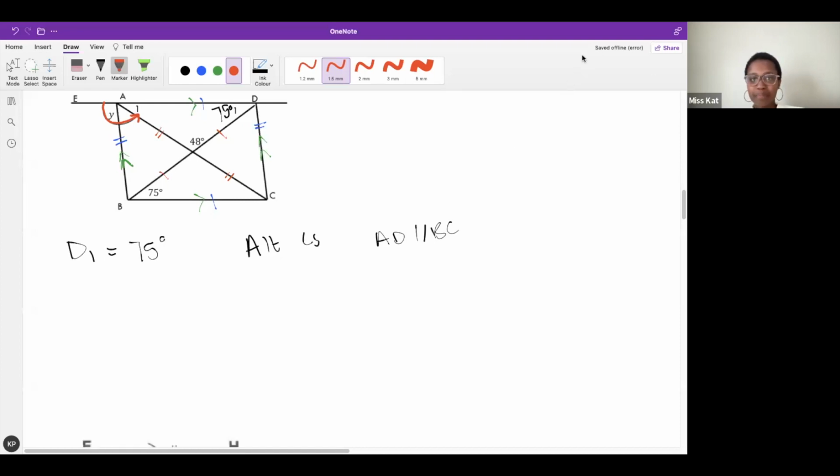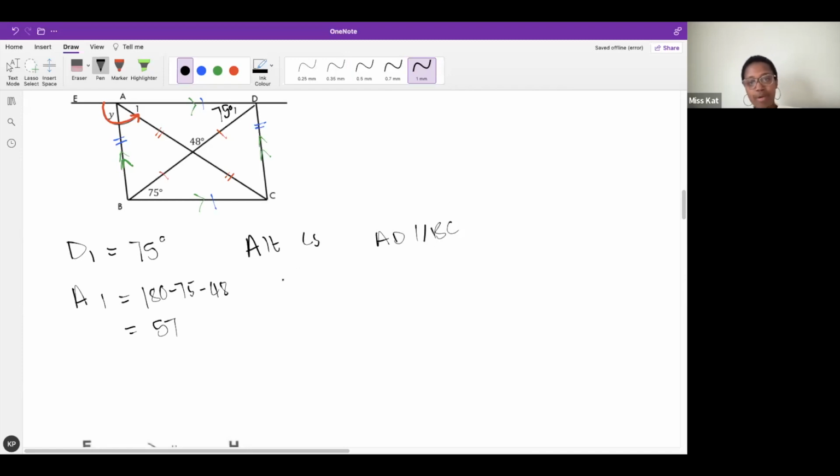Ma'am, A1 is equal to 57 because of the interior angles of a triangle. Yes, Umulema. So A1 is equal to 180 minus 75 minus 48. And that gives you how much? 57.